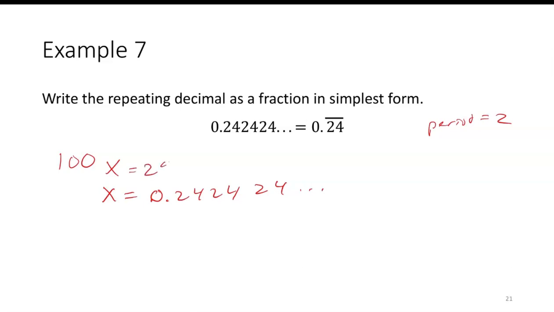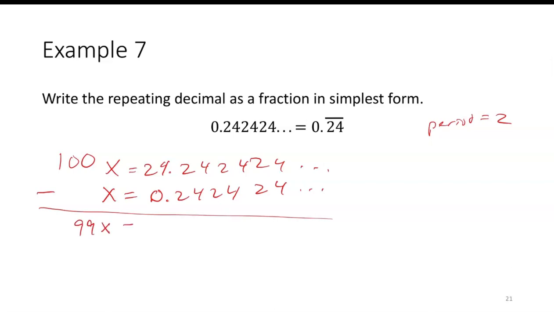So I'll have 24.242424. Again, it goes on forever, so it's always going to have those dots. But now if I subtract, the left-hand side becomes 99x, and the right-hand side becomes 24. So if you divide, you'll end up with 24 over 99, which if I divide by 3, becomes 8 over 33.